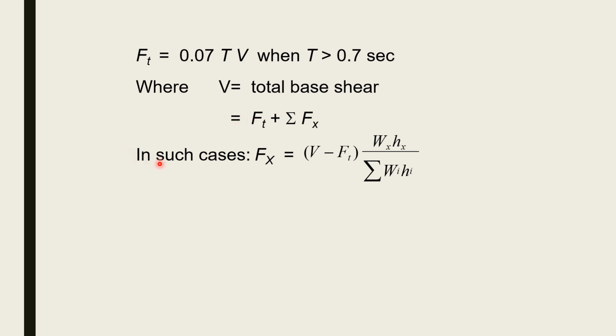In such cases, Fx equals (V minus Ft) multiplied by Wx times Hx divided by the sum of Wi times Hi. The detailed discussion about this formula will be cleared in the example. Here the additional force will be distributed in the stories, especially in the top story.